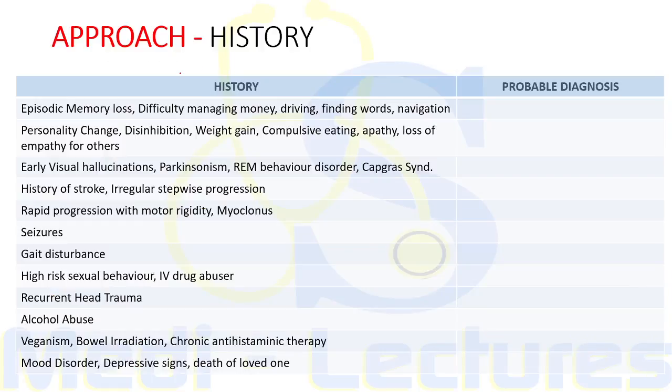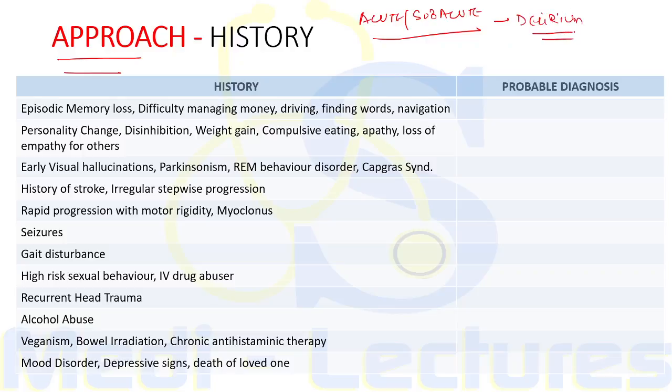Now let's come to the approach to a patient who is presenting with dementia. First we will discuss the history, then examination, then neuropsychiatric and cognitive testing, and finally the laboratory test. So first of all, if there is acute or subacute onset of confusion, we should always suspect delirium, which should be differentiated from dementia.